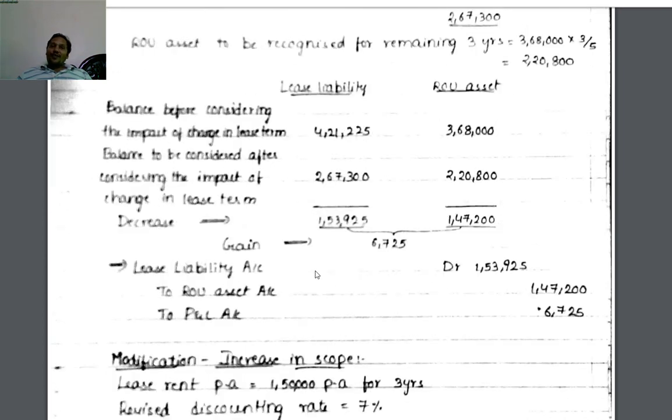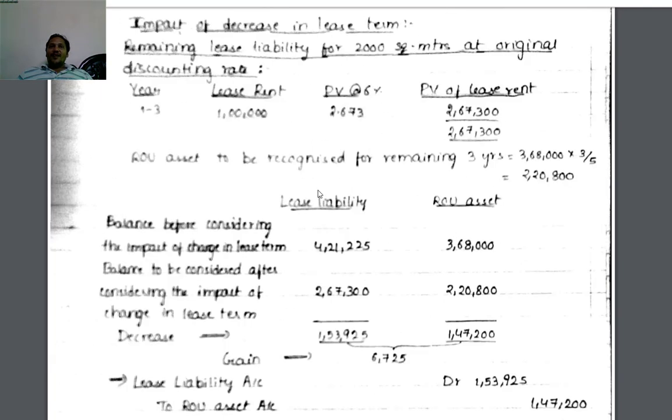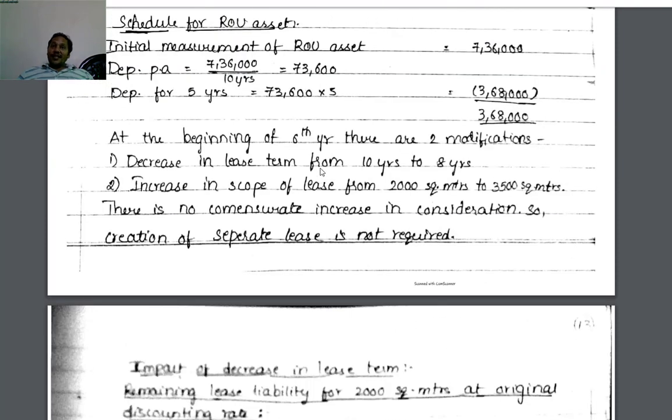Now the accounting entry: lease liability account debit 1,53,925, to ROU asset account 1,47,200, to P&L account 6,725. Now at the beginning of sixth year, there are two modifications. One is decrease in lease term.